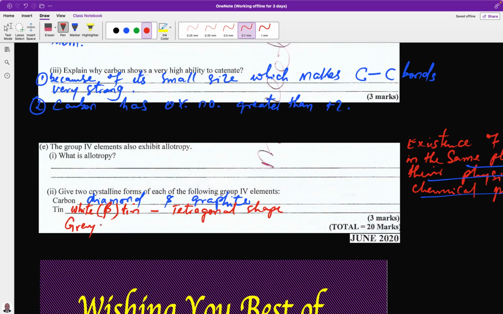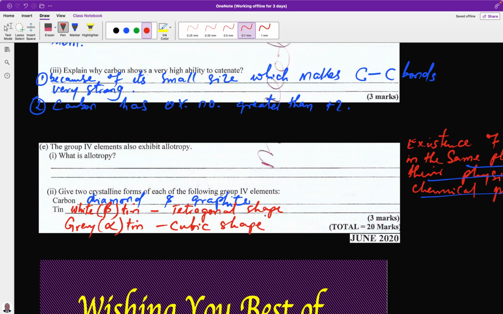Another crystalline form of tin is gray tin, or we can call it alpha tin. Alpha tin is cubic. It has a cubic shape.